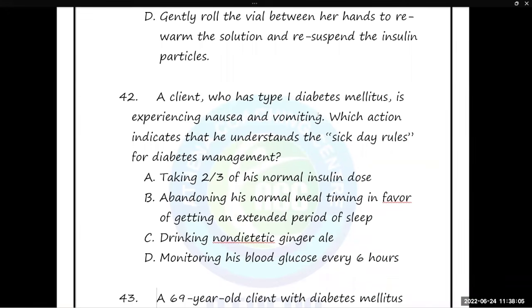But still I'm continuously explaining, and that is always helpful for exam takers, those who are booked for the exam. It is like a revision. By the end of this question discussion, I hope everyone has understood how to select the correct answer and how to remove the wrong answer.